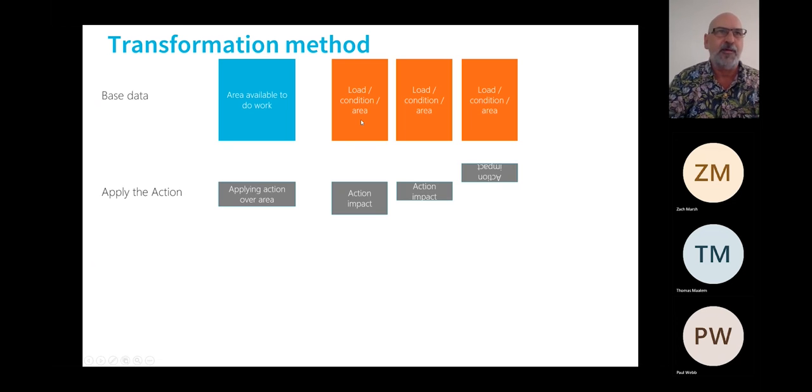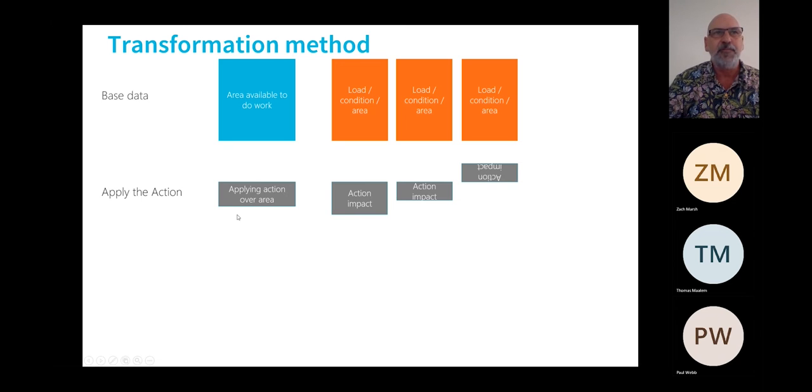So our action might be this riparian revegetation work, so we know the area available, so the area of bare stream banks, and again, we might have the area available stream bank as a measure as well, but we also might have different classes of vegetation.